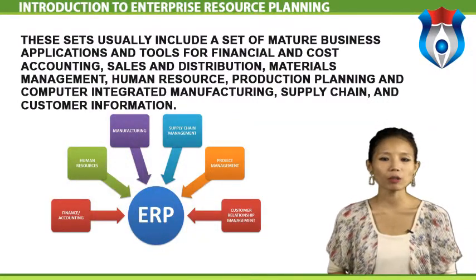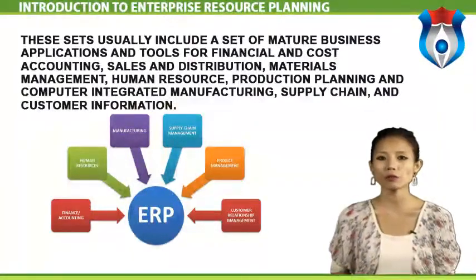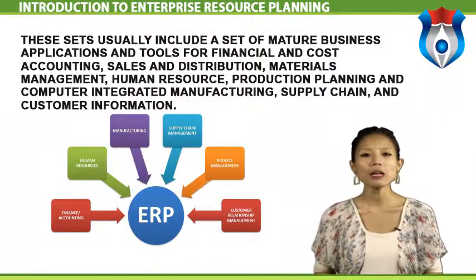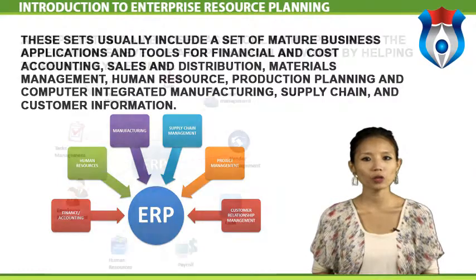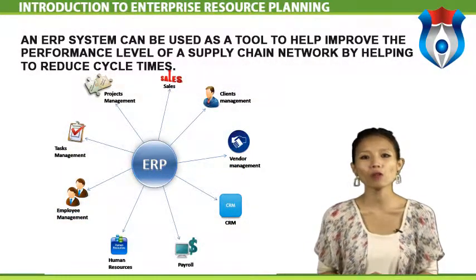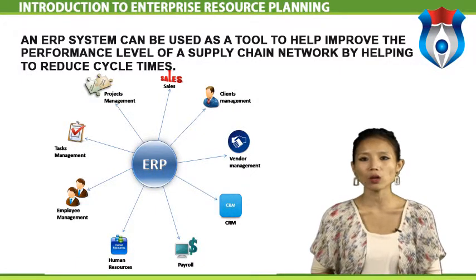These packages have the ability to facilitate the flow of information between all supply chain processors, internal and external, in an organization. Furthermore, an ERP system can be used as a tool to help improve the performance level of a supply chain network by helping to reduce cycle times.